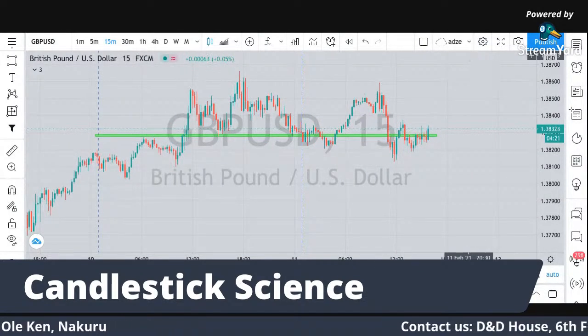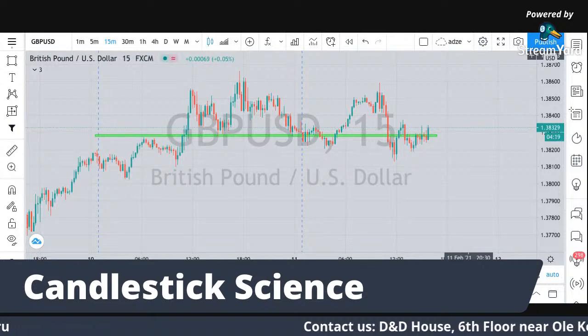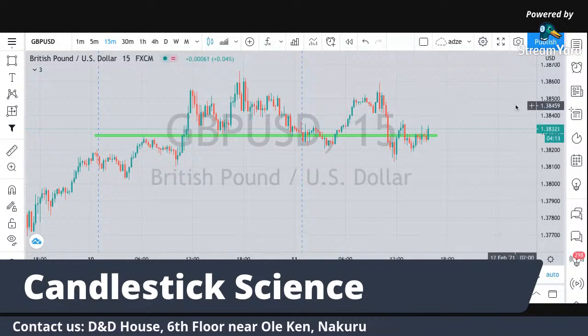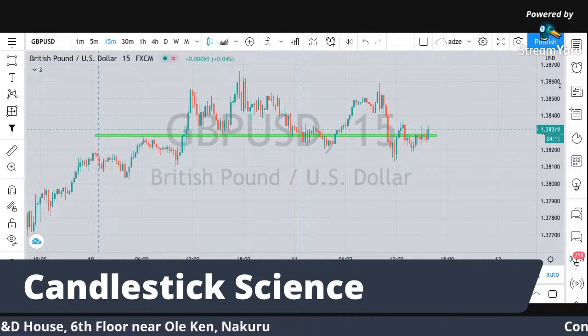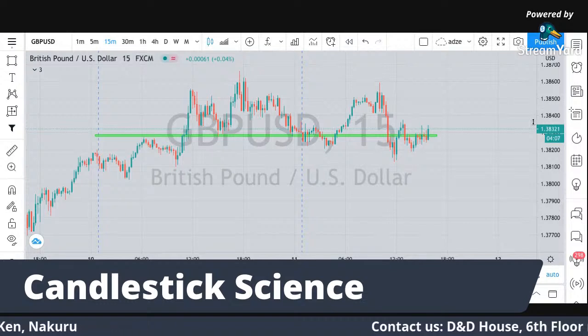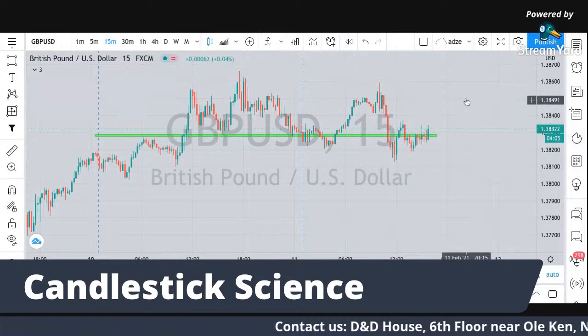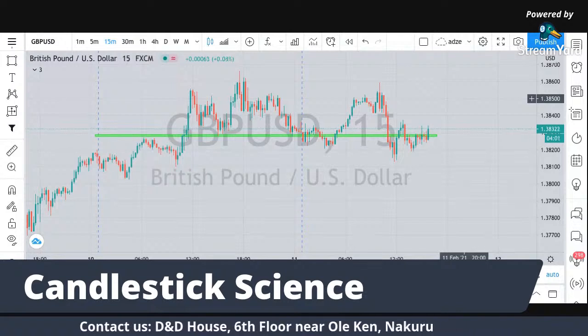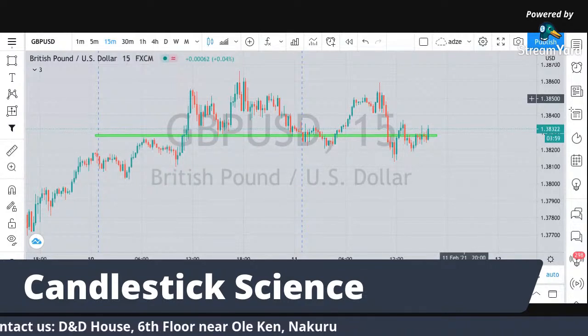And there's something that is called an institutional level. So institutional levels, it means 1.386 is an institutional level. 1.385 is an institutional level. Now 1.3825 is an institutional level. It means it's either a whole number, half number, a quarter number, or an eighth number.